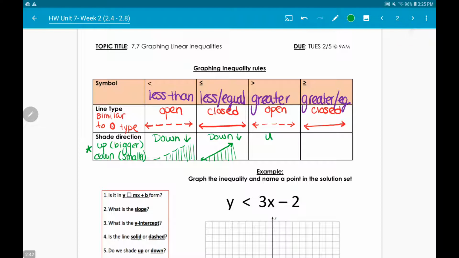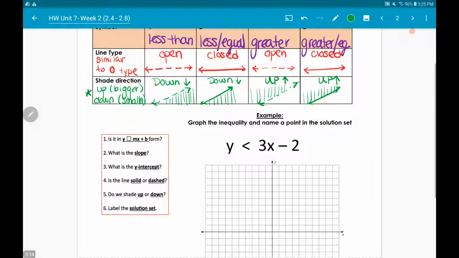Greater changes my direction because now we're talking about bigger numbers, and bigger numbers are up. So I would shade above. And greater than or equal to is still up, still bigger numbers. The only difference is that solid line. All right, so there's just a recap on our rules. Very similar to our number line rules. So don't think of it as like this whole new thing to memorize.